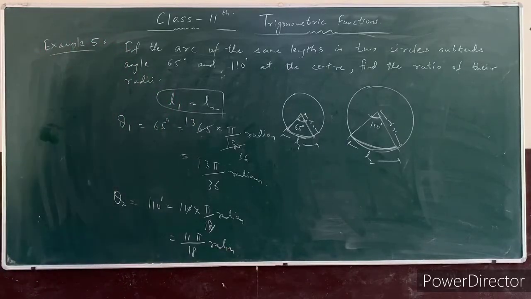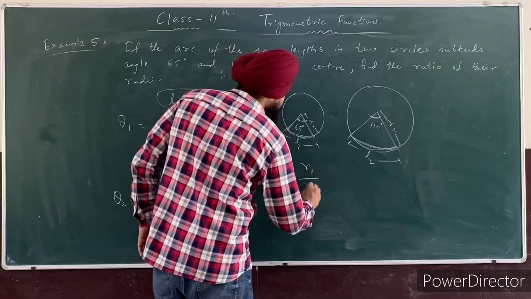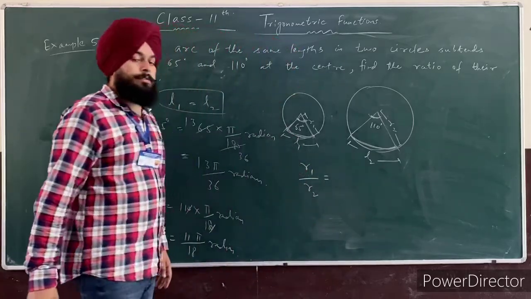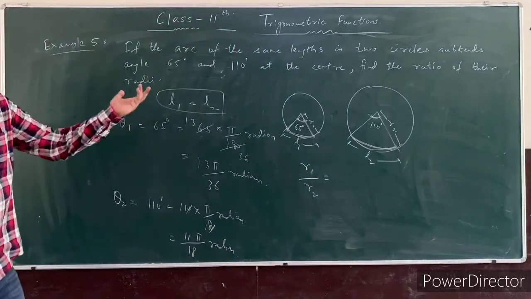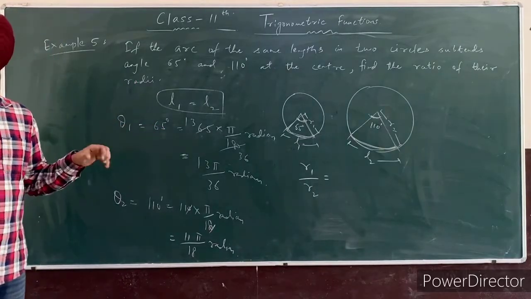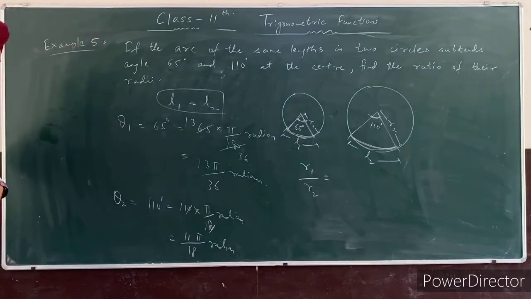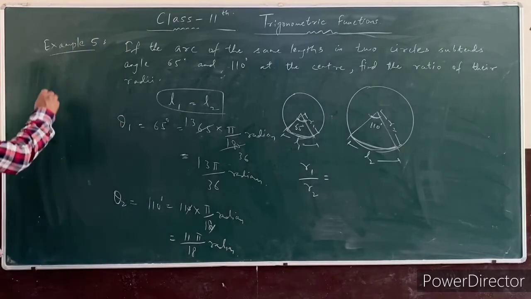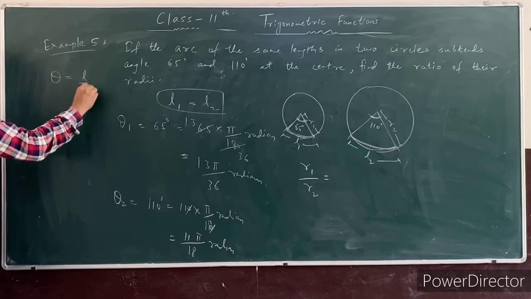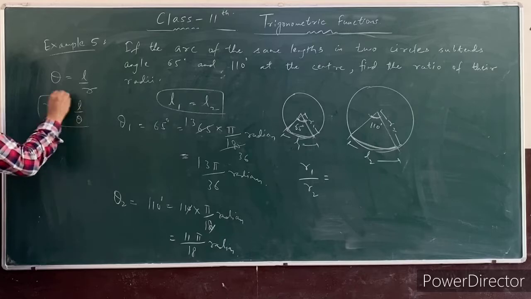Yes students, so next we have to find the ratio of the radii, R1 divided by R2, or you can find R2 divided by R1. Clear? दोनों same हैं, चाहे R1 by R2 find करो चाहे R2 by R1. So what is the relation? Theta is equal to L by R. From this equation, R is equal to L by theta.